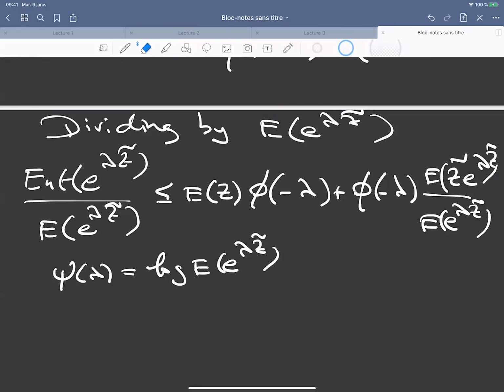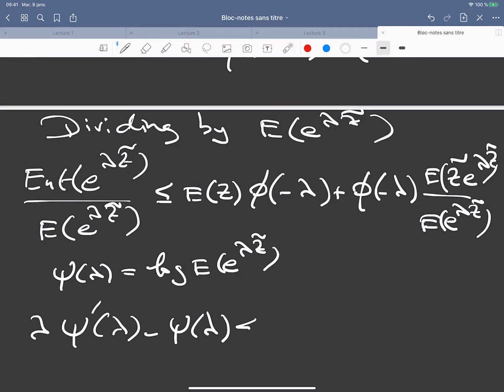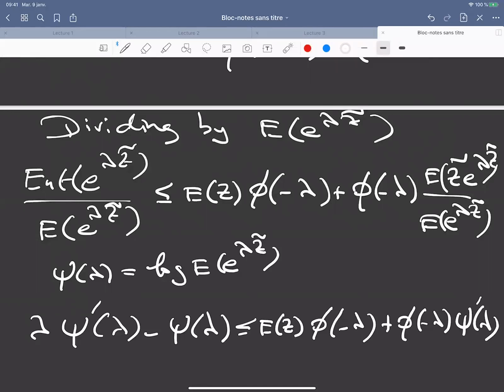On the left-hand side, you get lambda times psi prime of lambda minus psi of lambda. On the right-hand side, you get expectation of z phi of minus lambda plus phi of minus lambda psi prime of lambda.